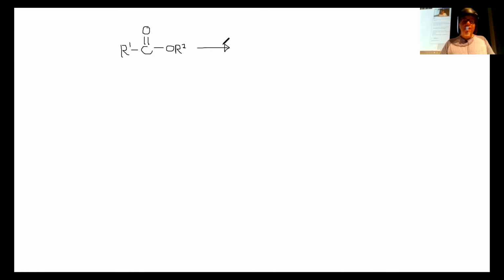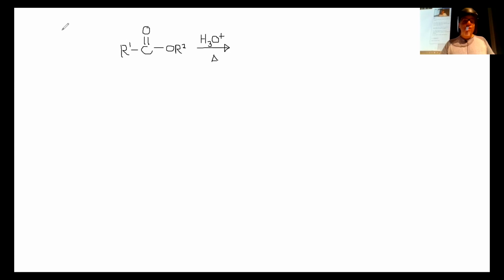You can hydrolyze the ester in aqueous acid. So the difference between this and the Fischer esterification was there we had essentially the alcohol as our solvent, and we just added a catalytic amount of acid, no water. This is the exact opposite of that. Here we're dumping in a whole bunch of water and a little bit of acid. And these usually need to be heated also, but that's the difference.